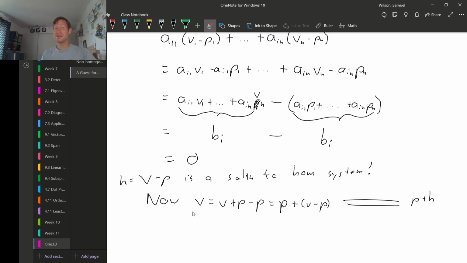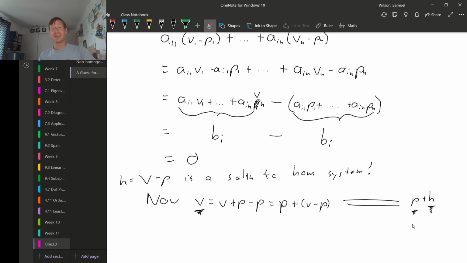Right. So what we've done is we've successfully expressed this arbitrary solution to the non-homogeneous system as this particular solution to the non-homogeneous system, plus some solution to the associated homogeneous system.